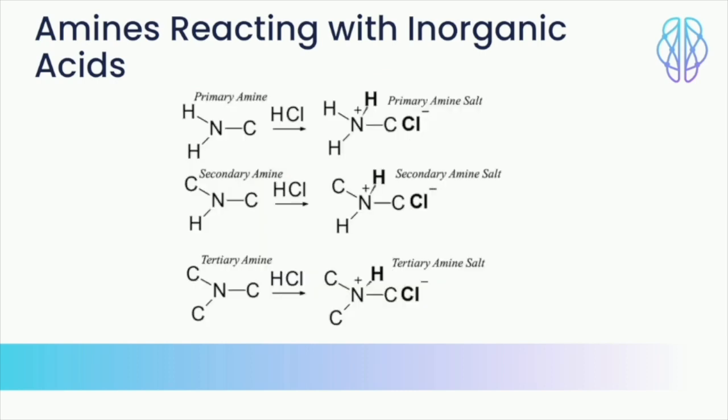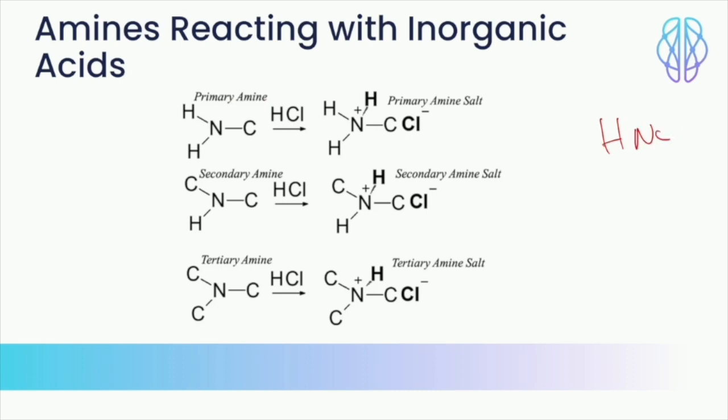I've got another diagram illustrating how a primary, secondary, and tertiary amine can react with hydrochloric acid. It's important to state that you can get a primary, secondary, or tertiary amine salt. That doesn't really matter for whichever acid you have.